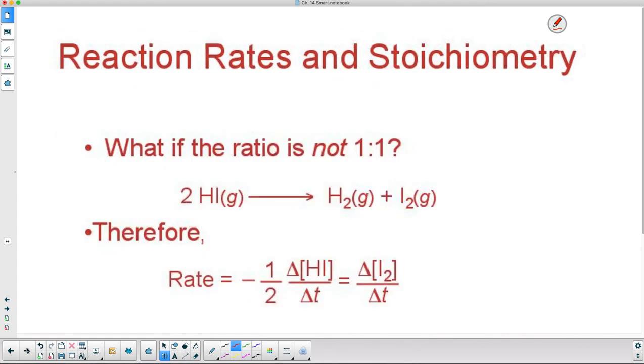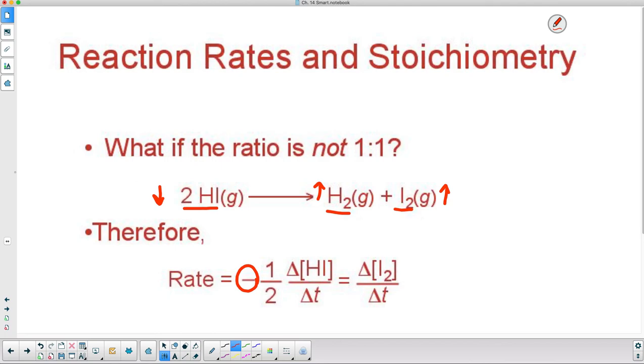So what if it's not 1:1? What if we have a situation where we have hydrogen iodide, but it's 2 moles of hydrogen iodide for every mole of hydrogen, every mole of iodine? Okay, so then how can we compare the rates of this disappearing, because it's a reactant, to this increasing and this increasing? So here, notice that the HI gets a minus sign because it's a reactant, because it's disappearing.